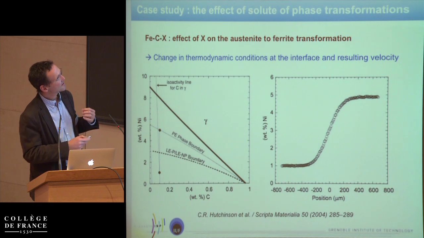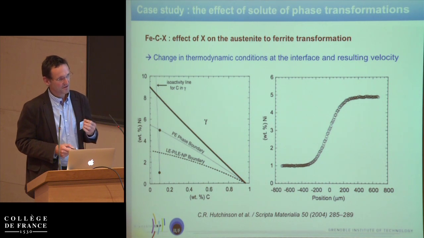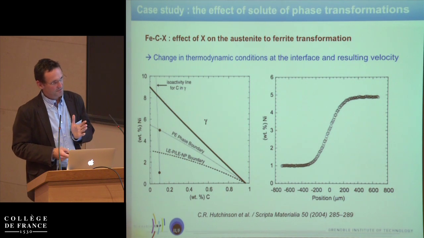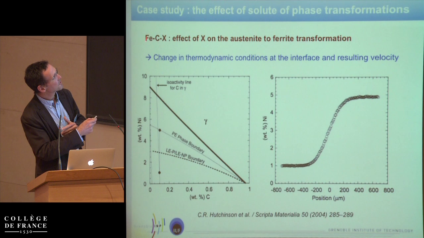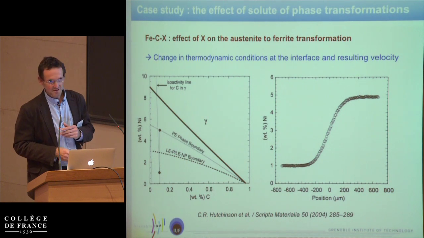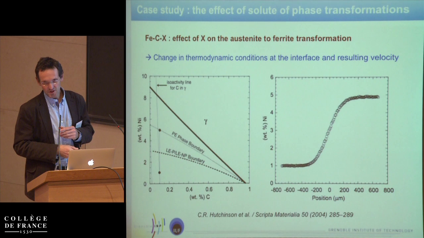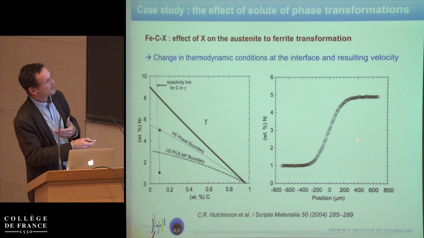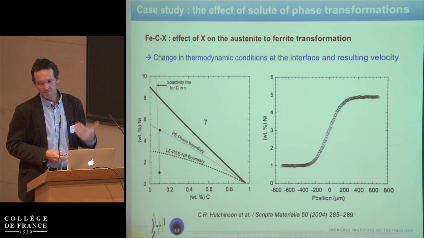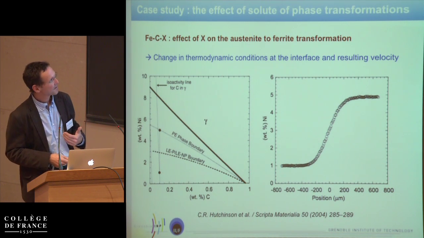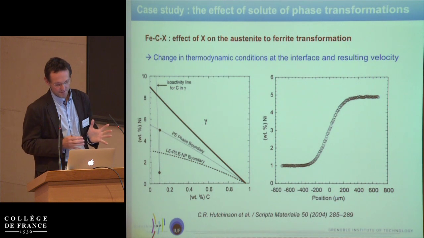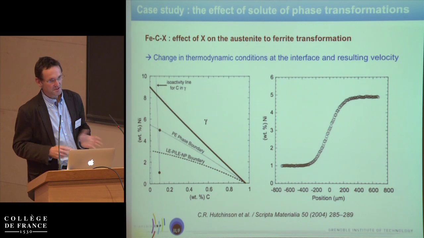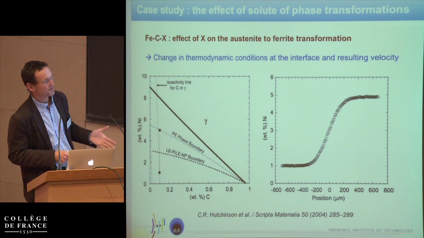And there is a compromise for the material to find between making the transformation at the speed of the diffusivity of carbon, which is fastest, and making the transformation at the diffusivity of the element you've added, which can be nickel here, for instance, which is slowest but most interesting in terms of thermodynamics. And so you've got a lot of different sets of thermodynamic conditions, some that maximize the driving force and some that maximize the speed of the interface.